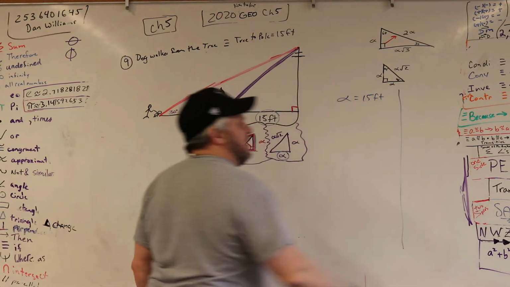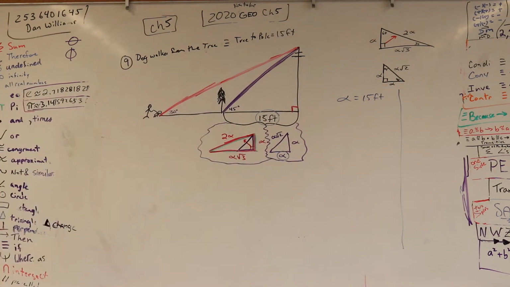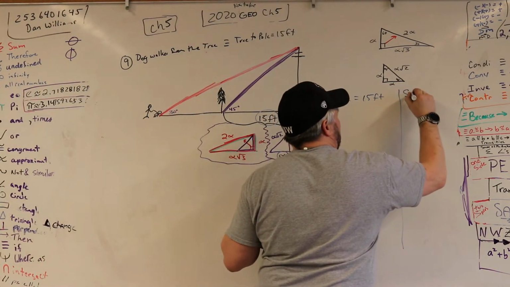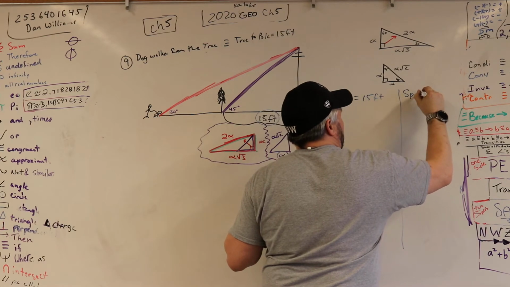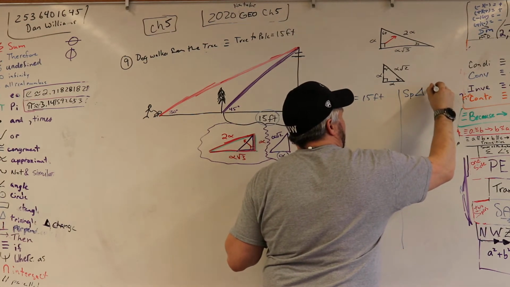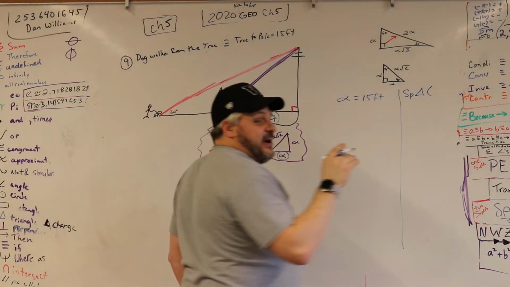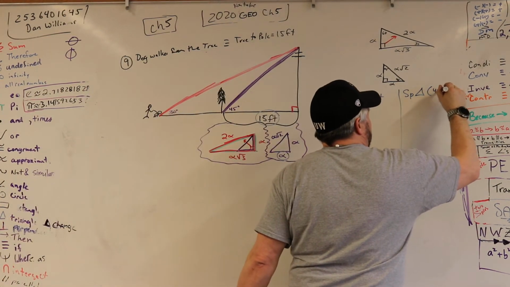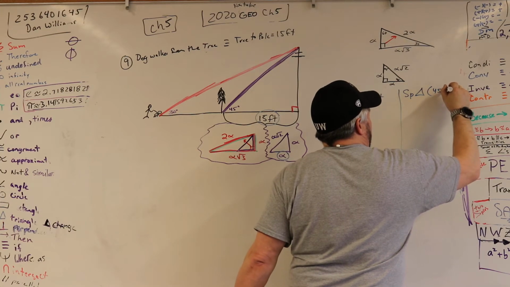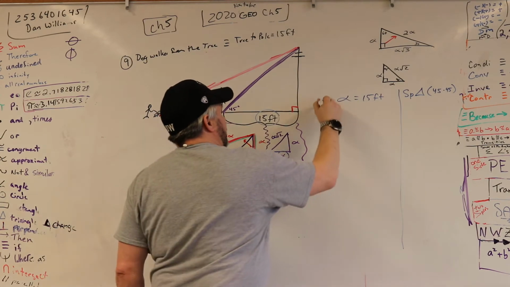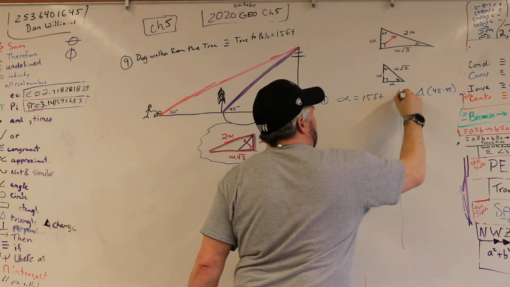Why can we say that? It's a special triangle. What type? There are two types, 30-60-90 and 45-45. So this one's the 45-45.